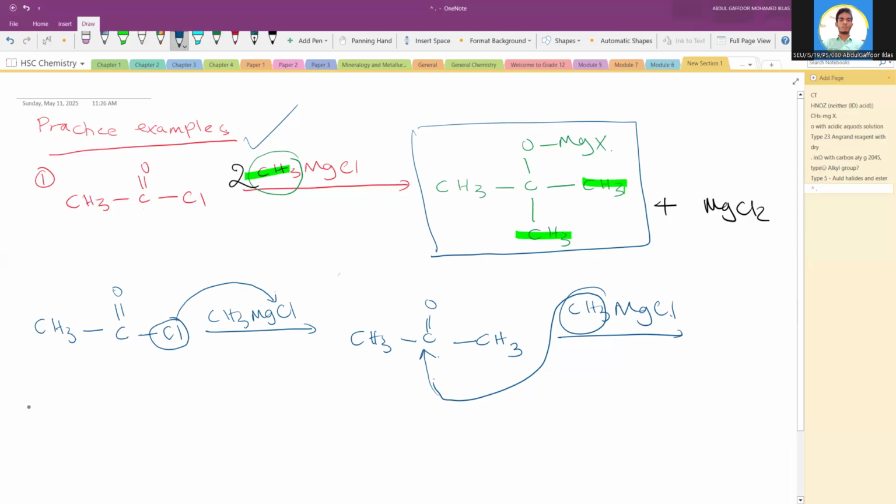Right, so we can try the second one. Benzene, C double bond O, Cl, and we put benzene MgCl.